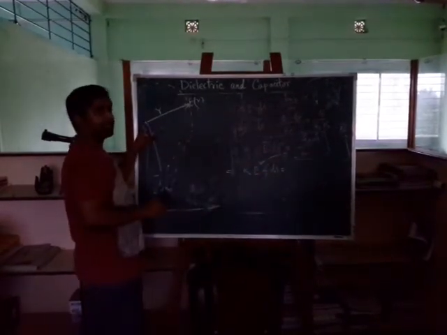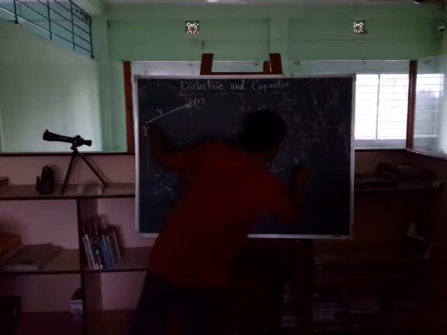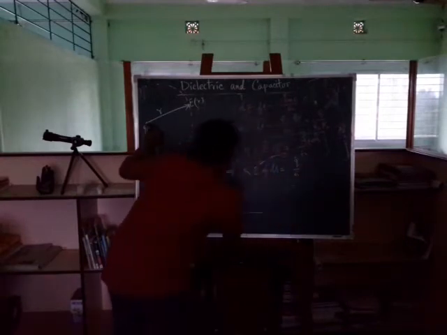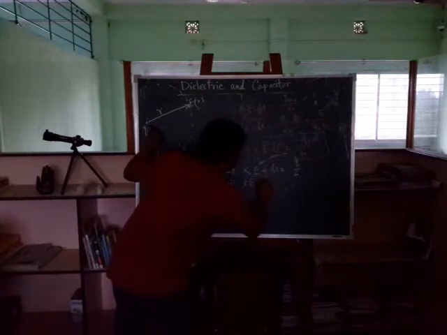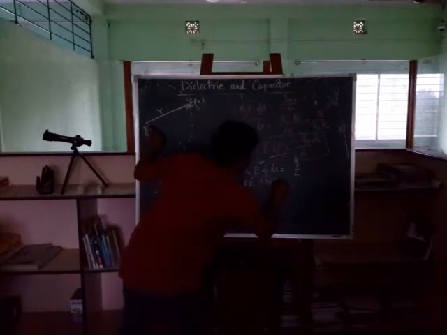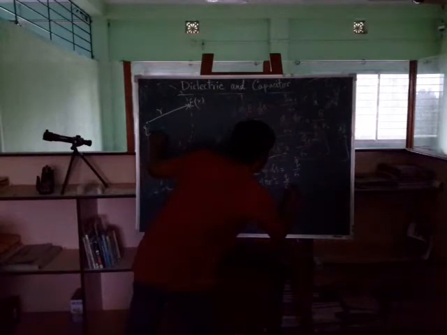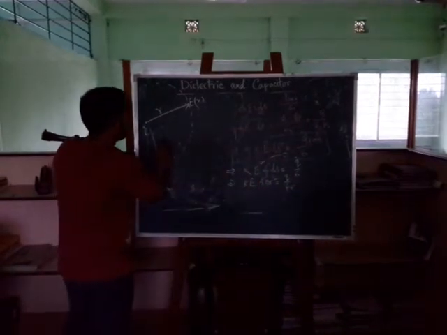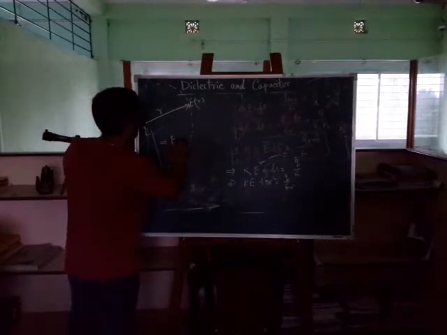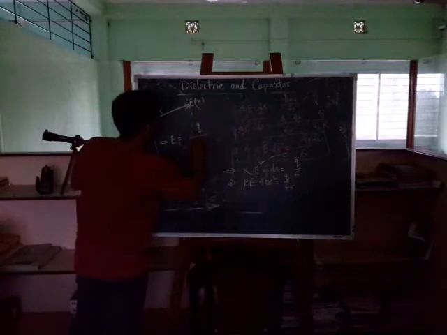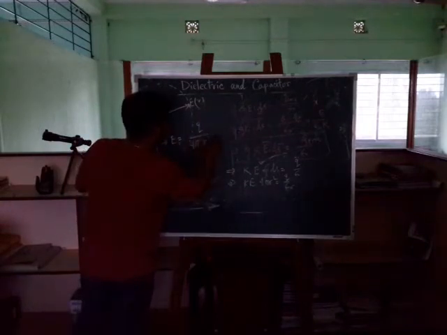Q free means what is that? That is simply Q. So that is Q by epsilon naught. And so here we have K E, and this is nothing but 4 pi R square, equal to Q upon epsilon naught. If I write the answer here, that will give us E equals Q by 4 pi epsilon naught K R square.